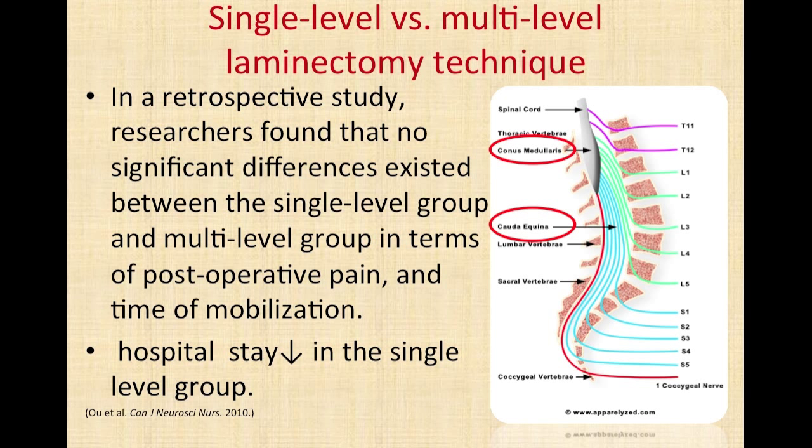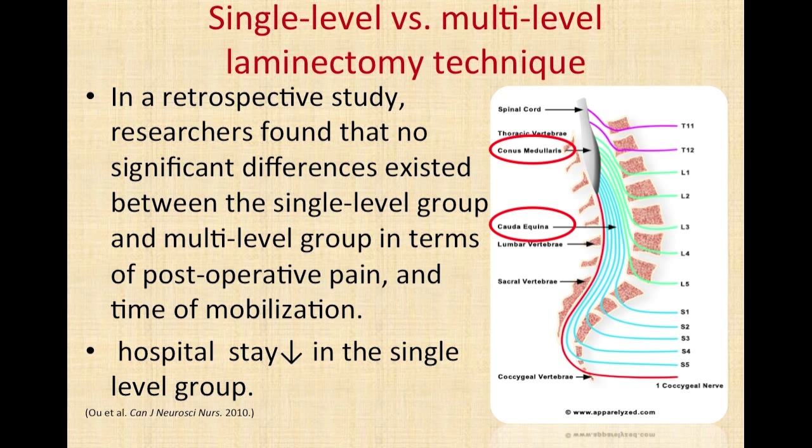In the single-level technique, the surgeon exposed the tip of the conus medullaris, which is the end of the spinal cord as you see in the picture, and the start of the cauda equina. This operation required laminectomies for 1 or 2 levels between T12 and L3.